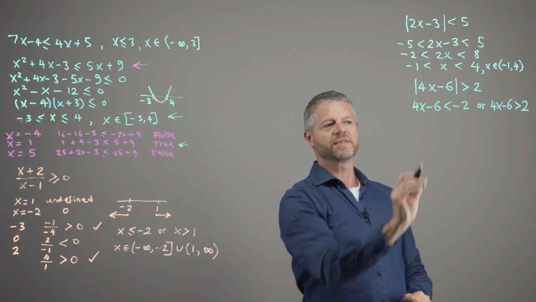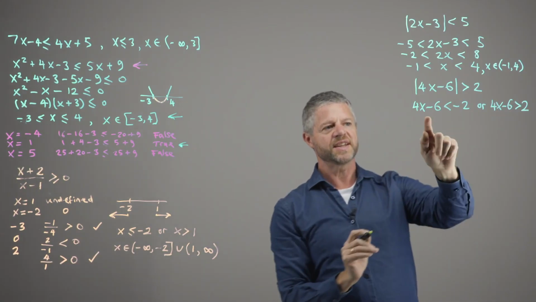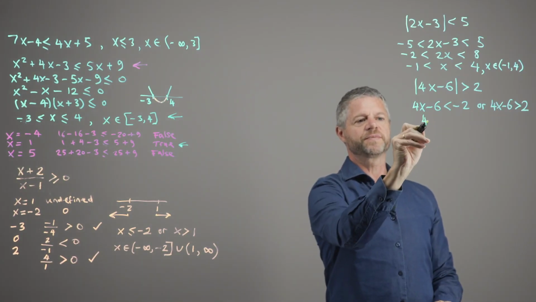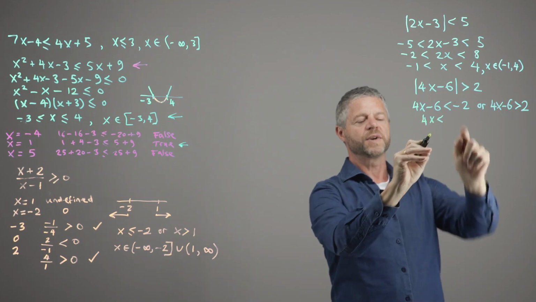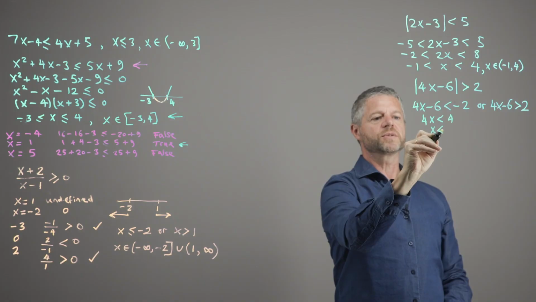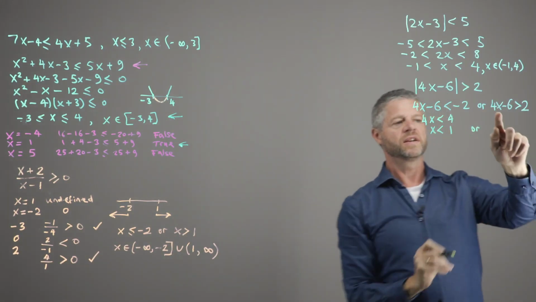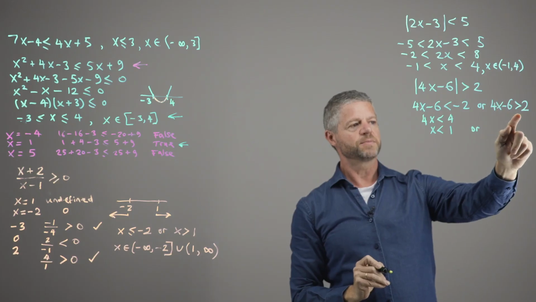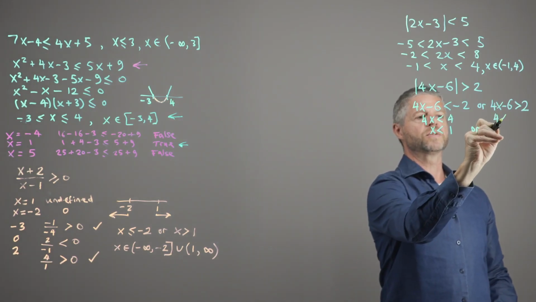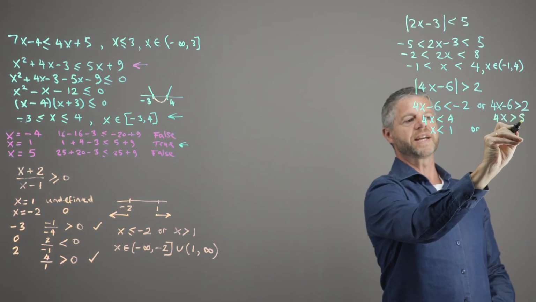So this one first, involving the negative 2. So let's add 6 to both sides. So minus 2 plus 6 would be 4. So this one is x less than 1. And then the other one is to add 6 to both sides. So we've got 4x greater than 2 plus 6 would be 8.